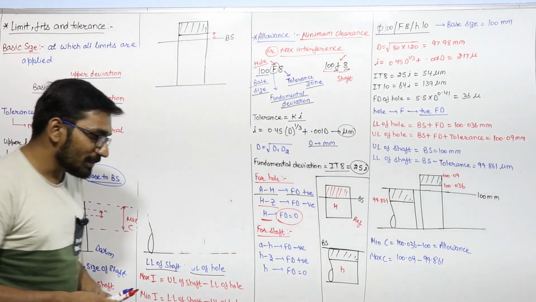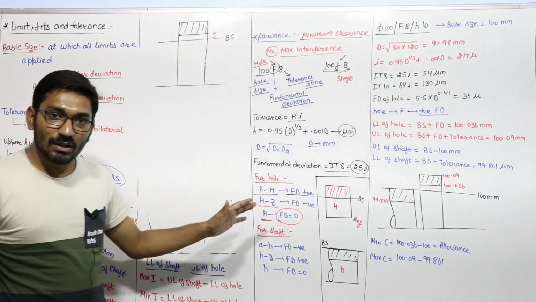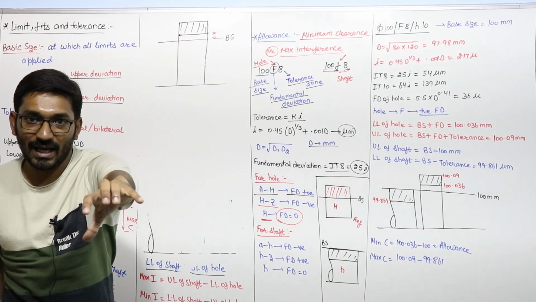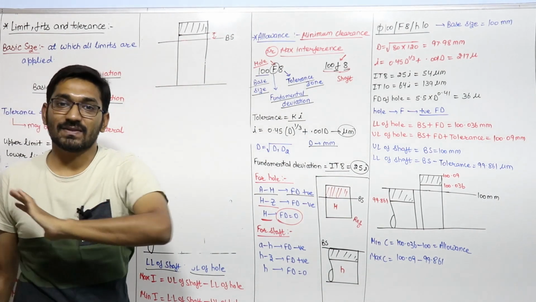Right? So it means that for the hole from A to Z your fundamental deviation is decreasing, at H it is 0 and then decreasing.